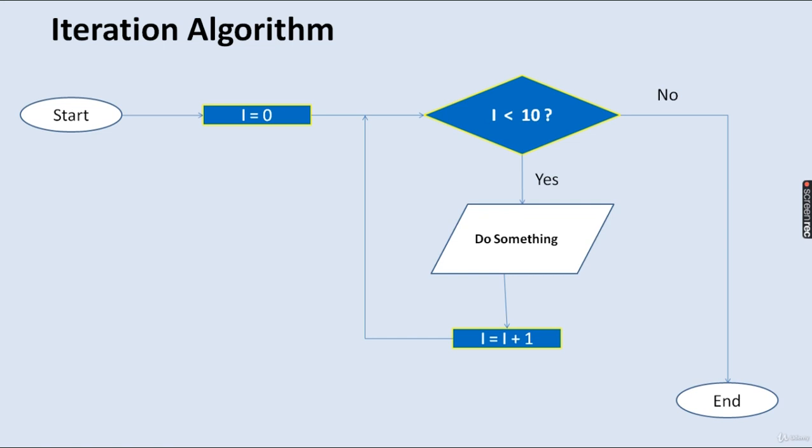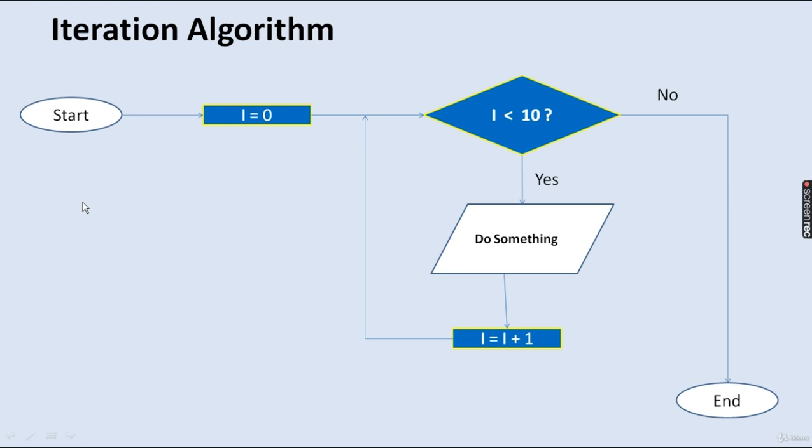So when I becomes greater than 10, I have to terminate, stop doing the block of code, and end the program. So this is the iteration algorithm.